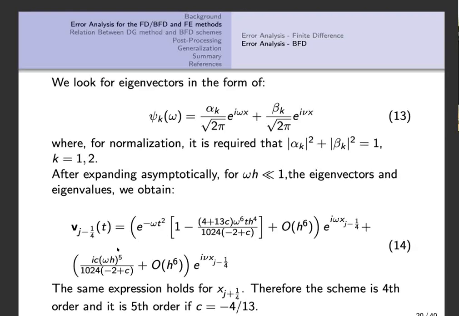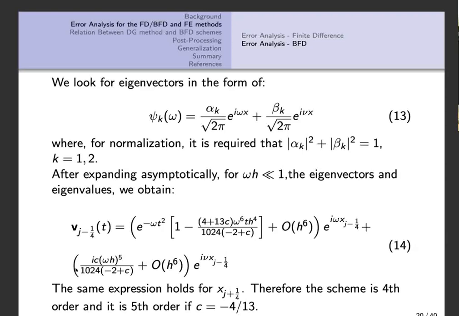And we can also notice that the high mode eigenvector is basically multiplied with a term which is of fifth order. So basically our scheme will be of order 5 if C is equal to -4 divided by 13.